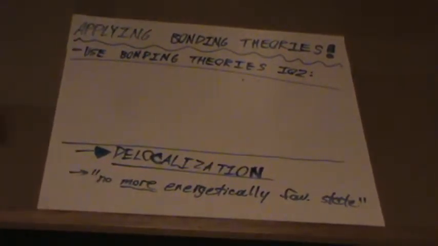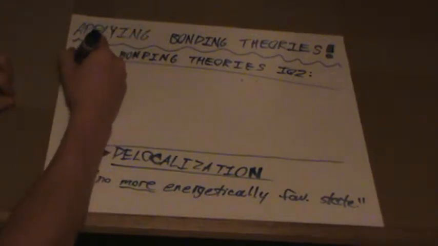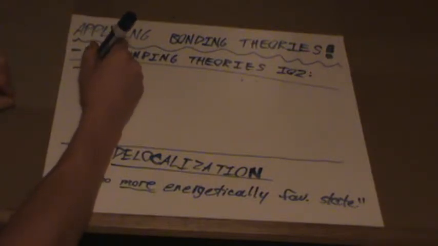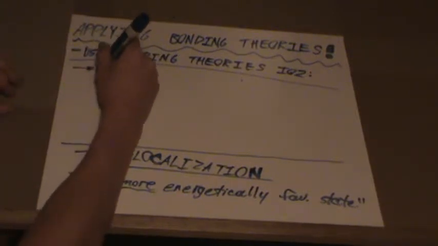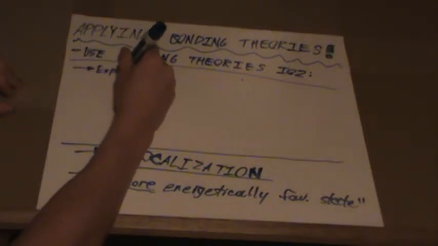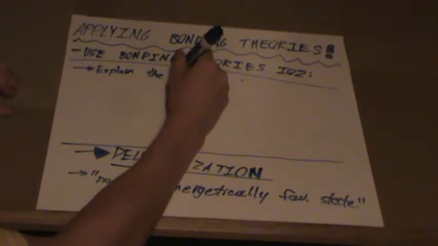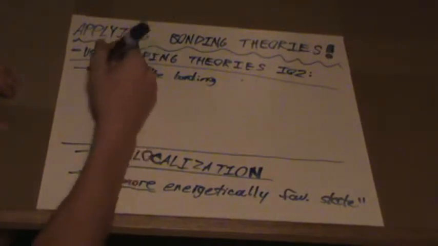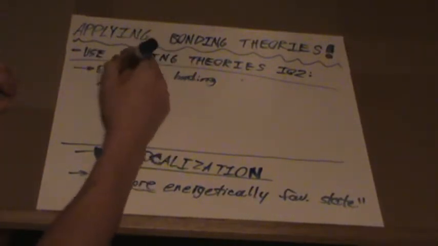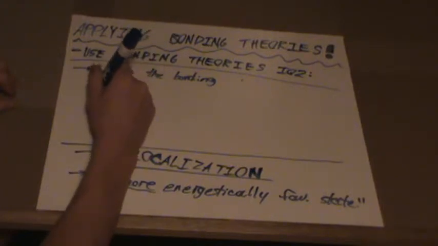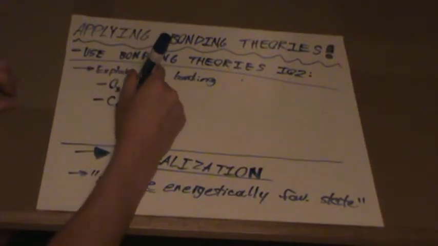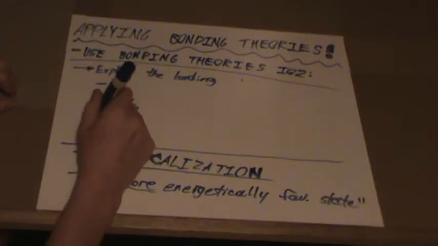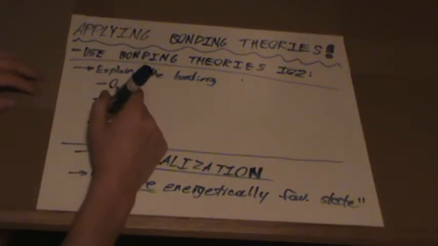Okay, so it says using bonding theories in order to explain the bonding of, and I said in the previous video, and now here in this video we will be explaining the bonding using these bonding theories of O3 and C6H6, and then if we have time, because I don't want to make this one like the last video, we might go into another video with a special case of NO2.